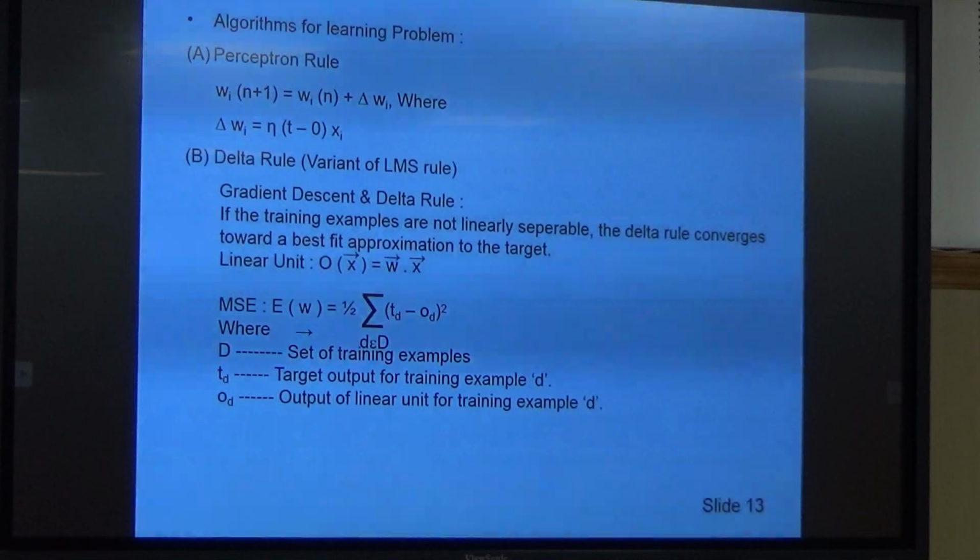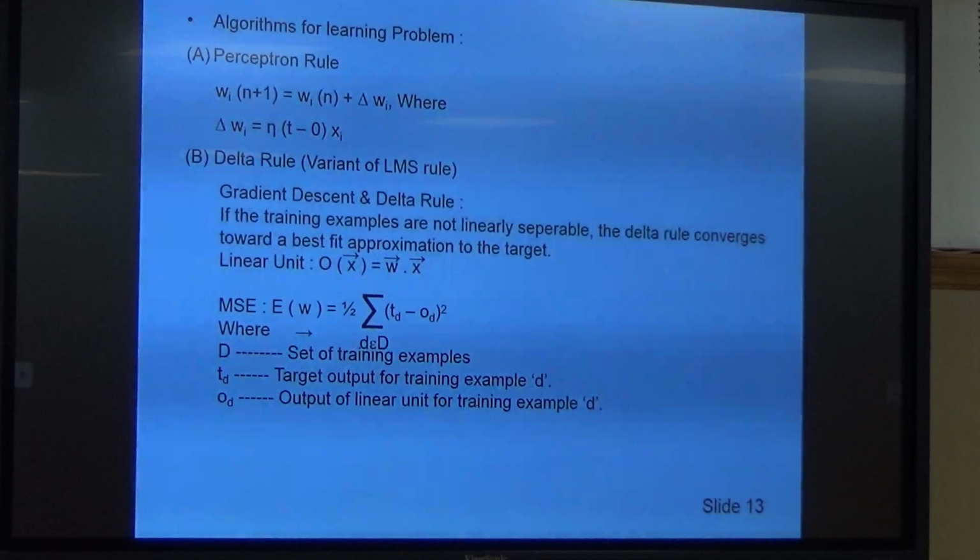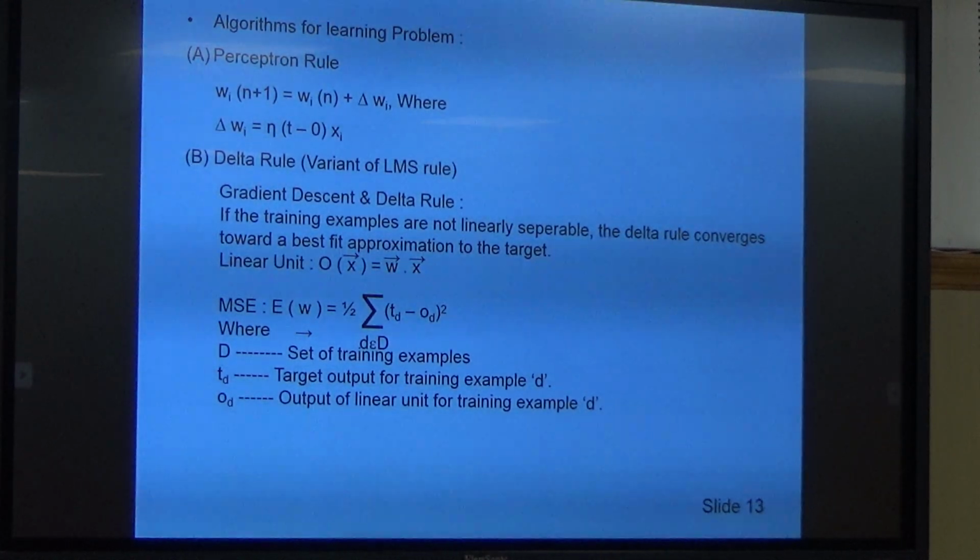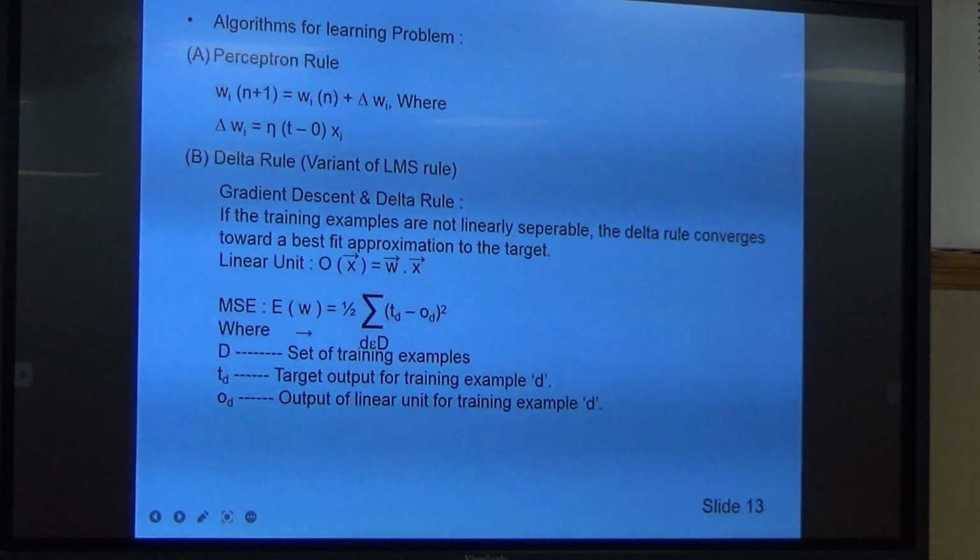OD, because it is a linear unit, is W1 x1D plus W2 x2D. When you differentiate it with respect to W1 and W2, the 2 gets cancelled, TD minus OD remains, times minus x1D or x2D, whether you want a partial derivative with respect to W1 or W2.